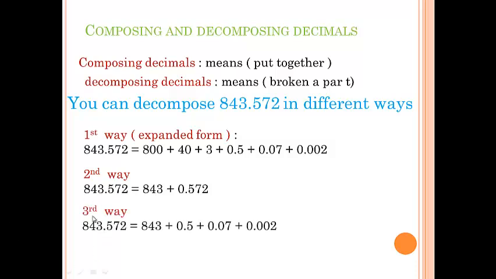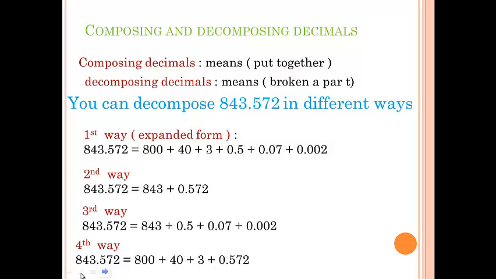Third way, you can write the whole part again, 843, and break each digit in the decimal part with its value. So 843 plus 0.5 plus 0.07 plus 0.002. Or inverse, we can write the decimal part and break the whole part and write each digit with its value, as you see here.